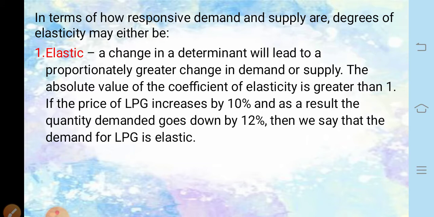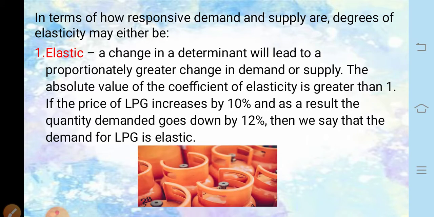Elastic: a change in a determinant will lead to a proportionately greater change in demand or supply. The absolute value of the coefficient of elasticity is greater than 1.